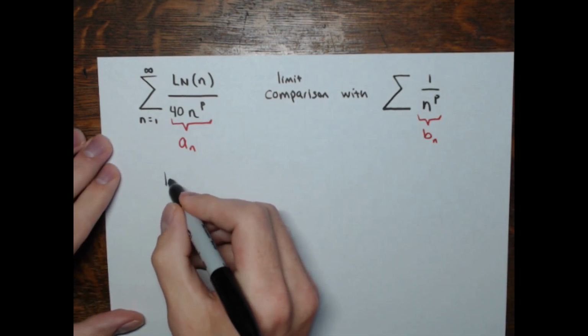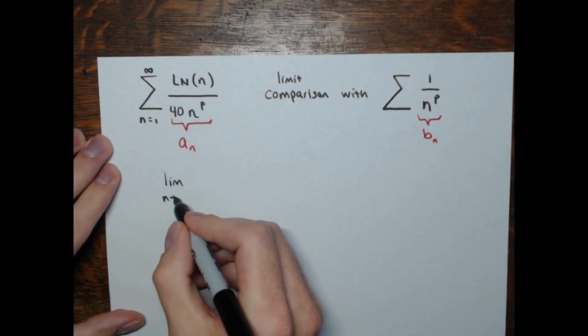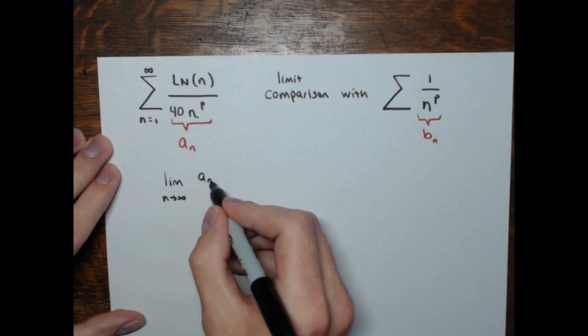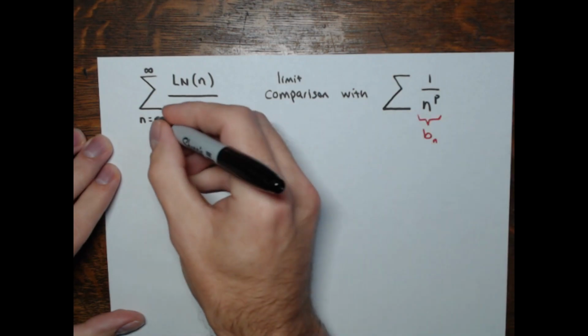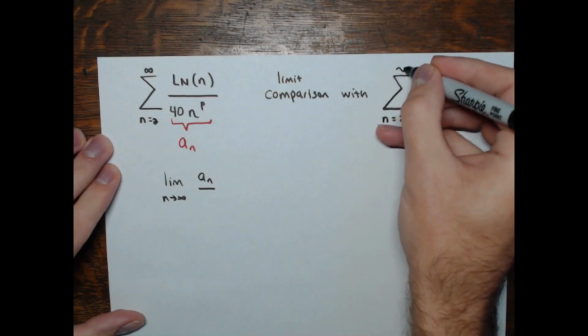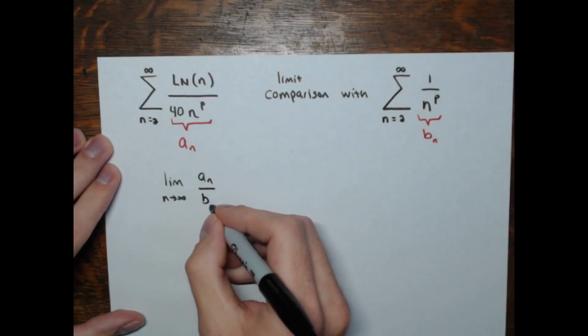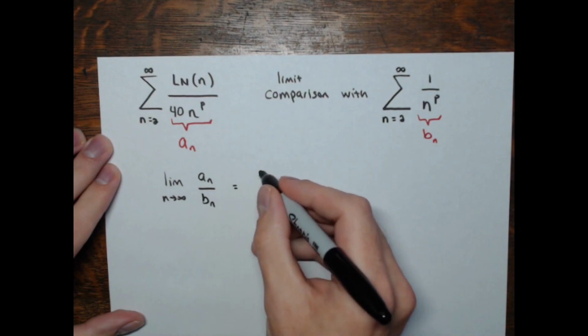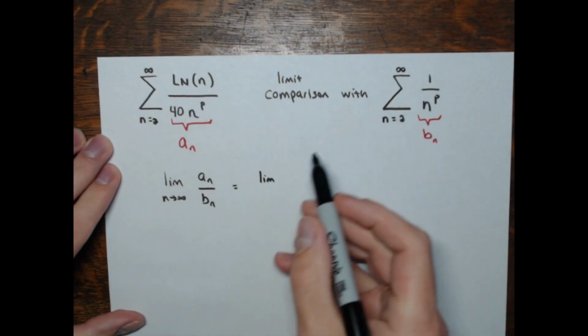And let's look at the limit as n approaches infinity of a sub n over b sub n. Oh yeah, this is from n equals 2 to infinity. And see what happens to the ratios of these terms.